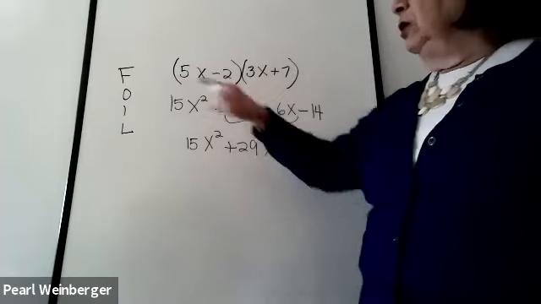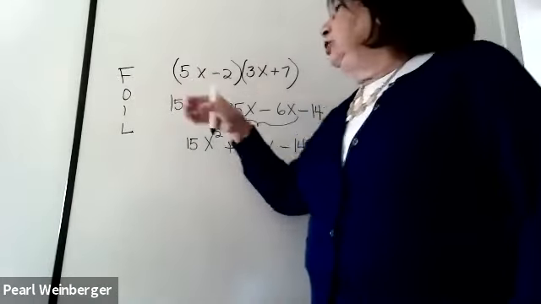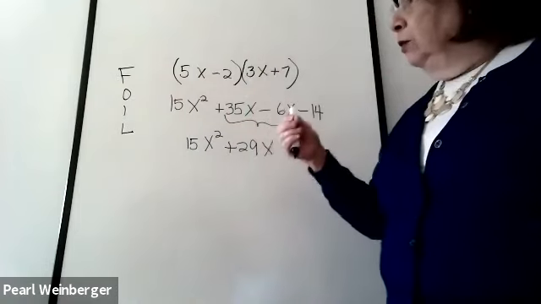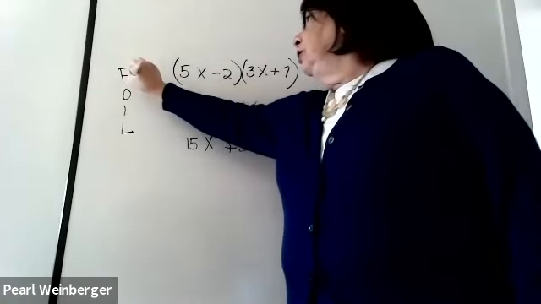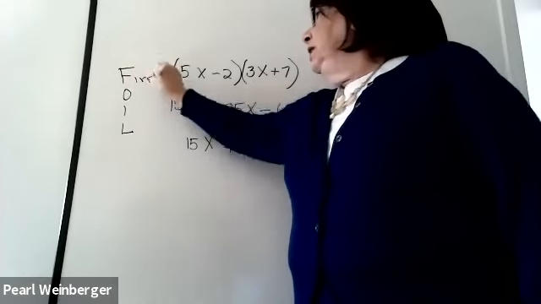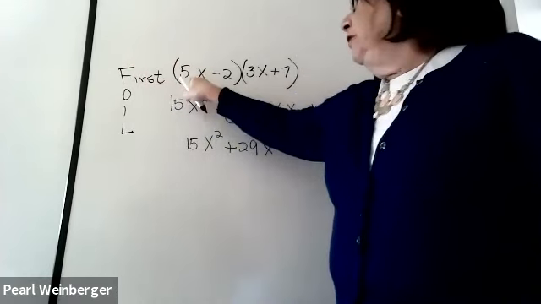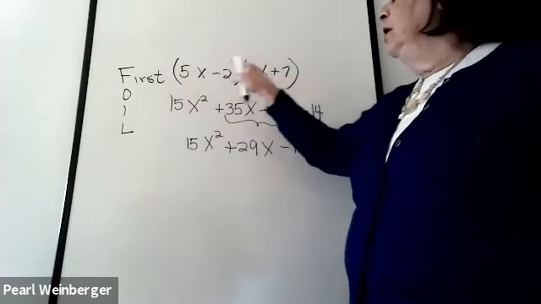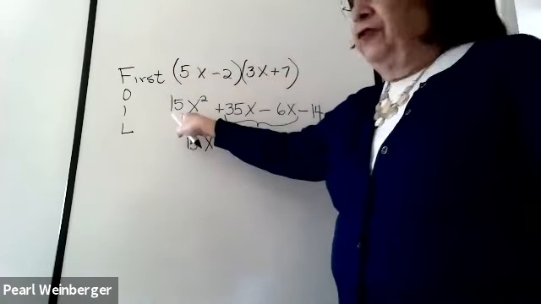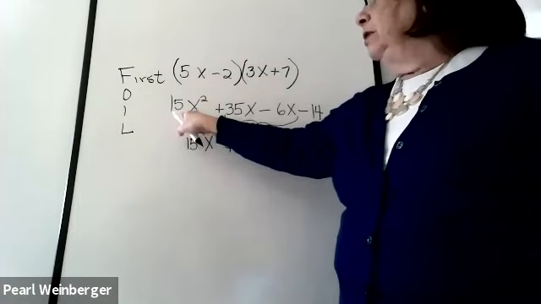How does FOIL work? Well, it's just explaining exactly what we just did. F stands for first. We take the first two terms, the 5x and the 3x, and we multiply them together. That's what we did, and we got 15x squared.